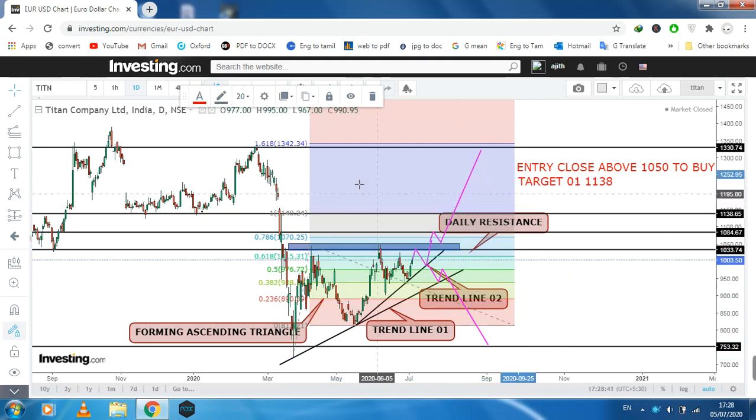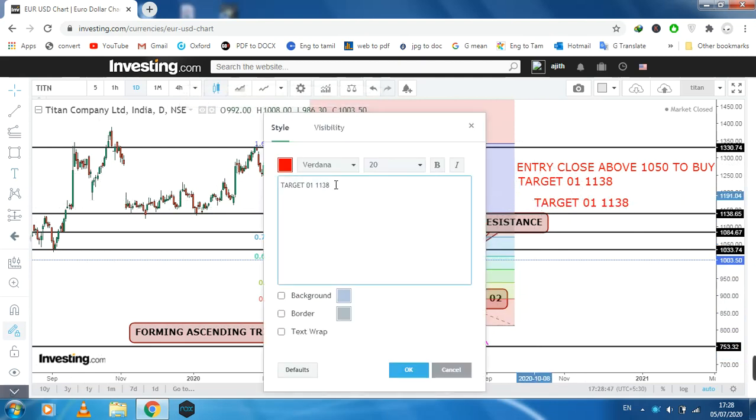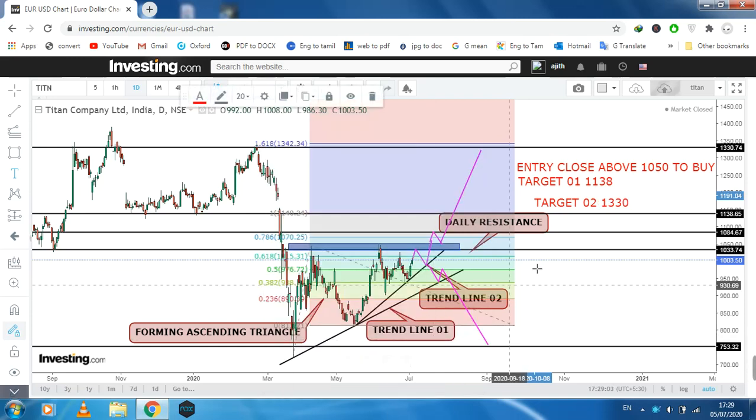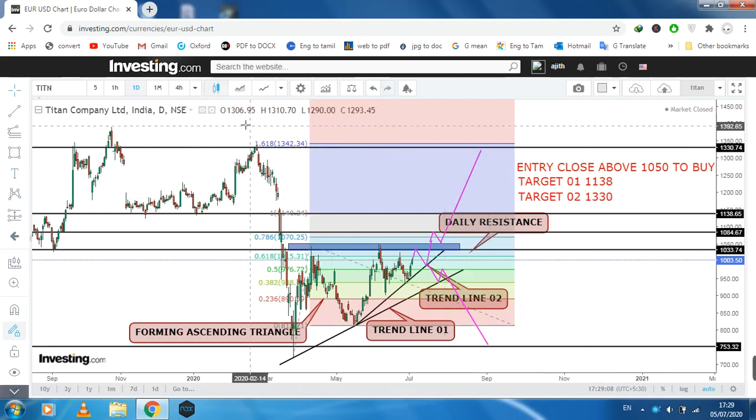Target 1, and again target 2. Okay, but this is a long-term target because it's a daily chart, so it needs nearly 2-3 months to achieve this target. Okay, but this target is also reached in 2 weeks like this.